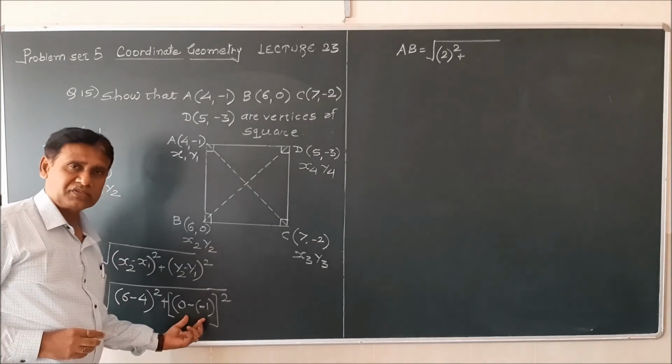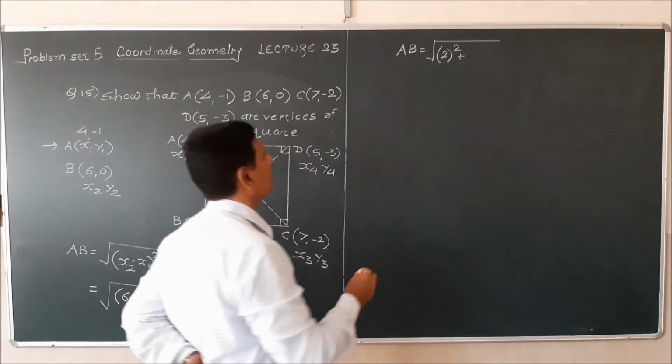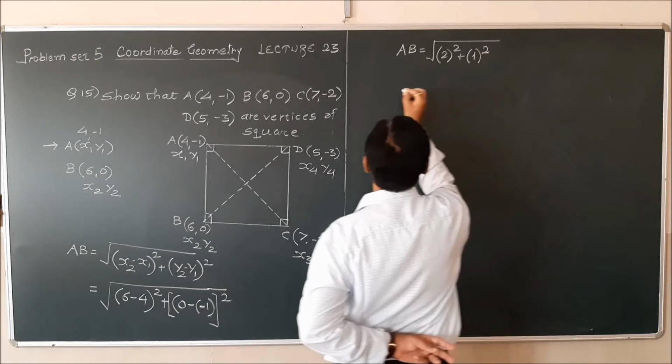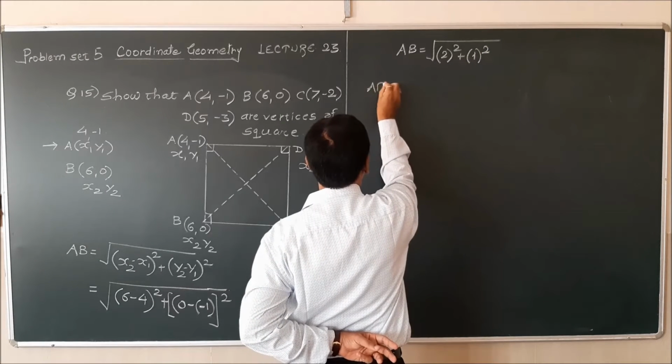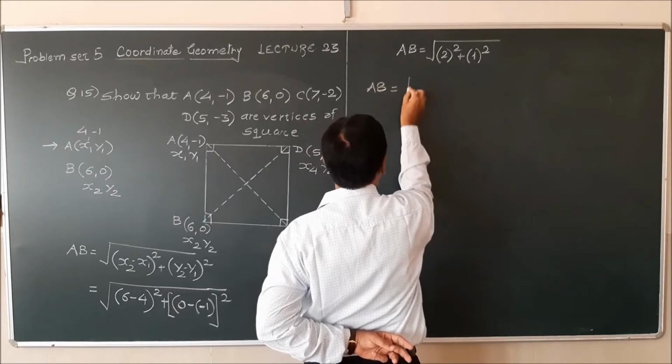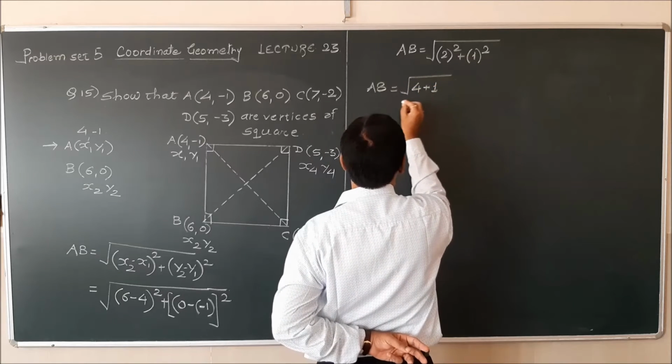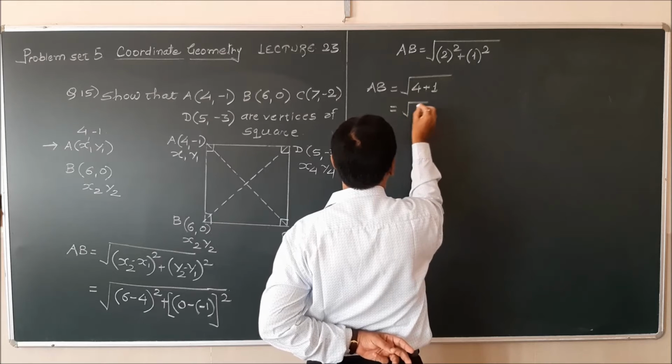Minus into minus will give us plus. So plus 1 the whole square. So AB is equal to root of 4 plus 1, that is equal to root 5.